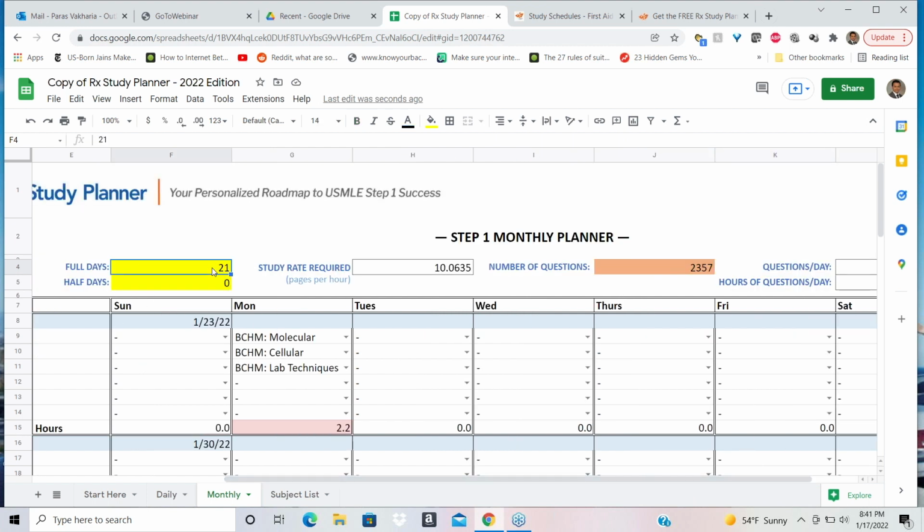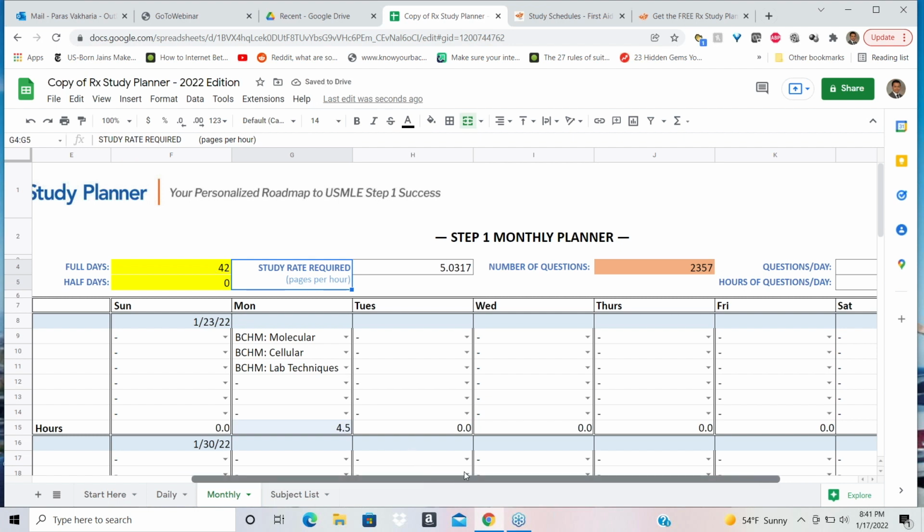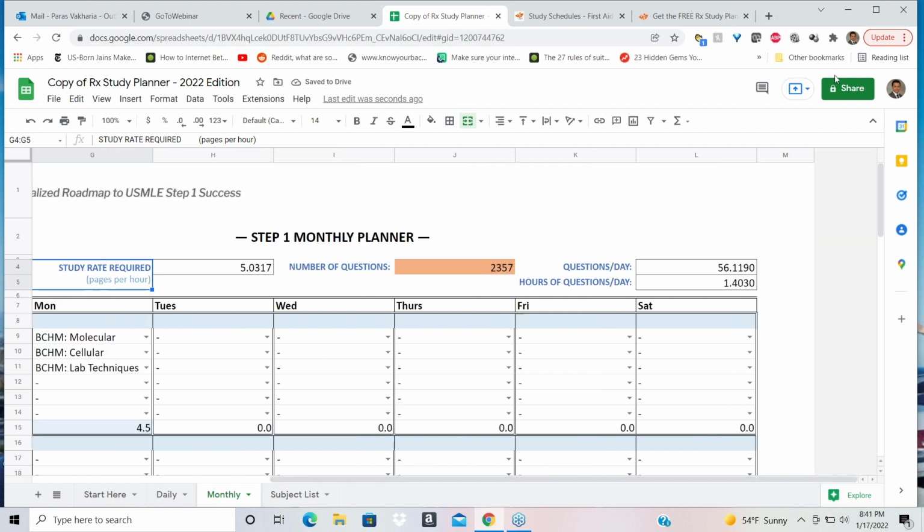So 6 times 7 is 42 days. Let's say I'm studying every day. How many questions a day? Let's say those are 42 study days, not accounting for break days, rest days, or self-assessments. That would come up to about 56 questions a day, or about 1.4 hours of questions a day.